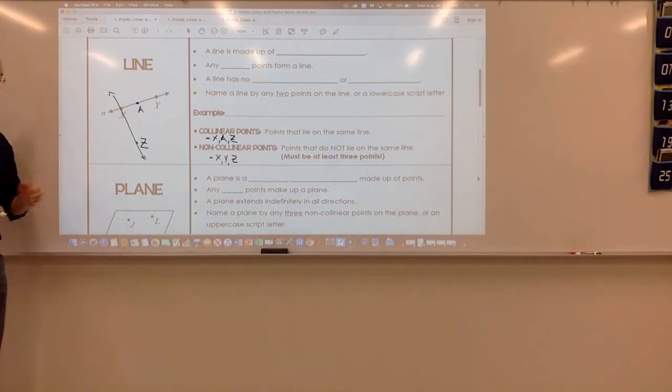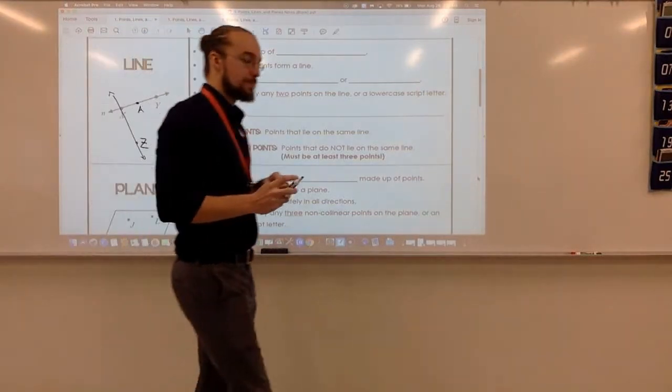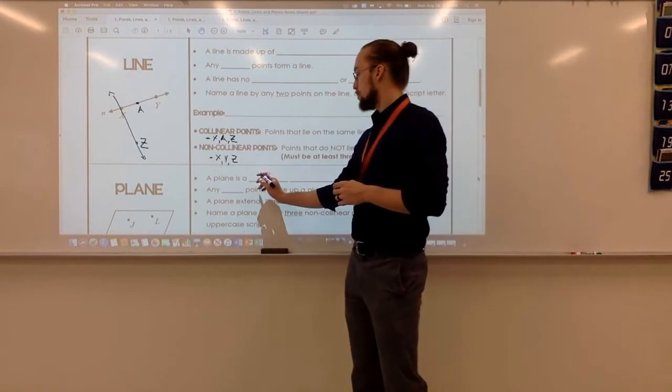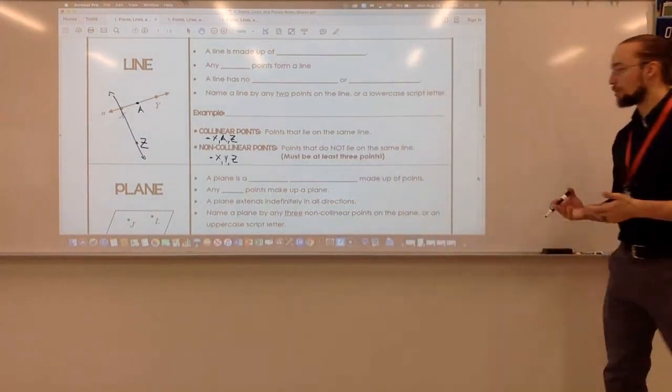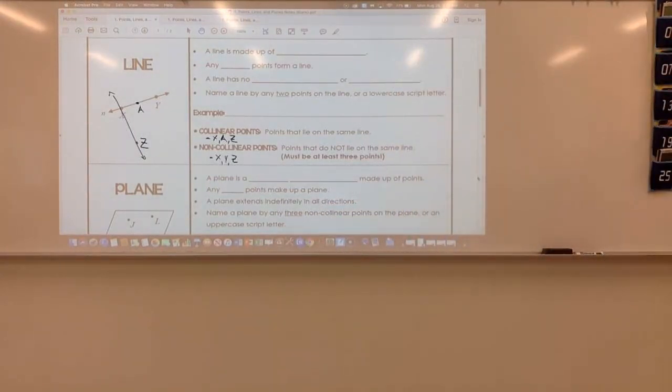So the final of these 3, a plane. The best way to, well, what do you guys think? What's the best way to describe a plane? Again, it's not just one correct answer. How would you describe a plane?